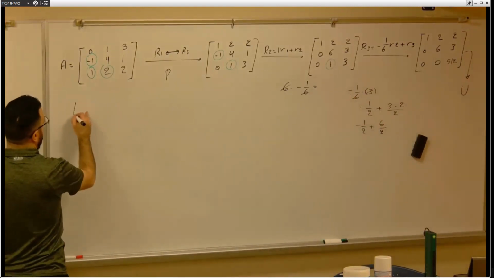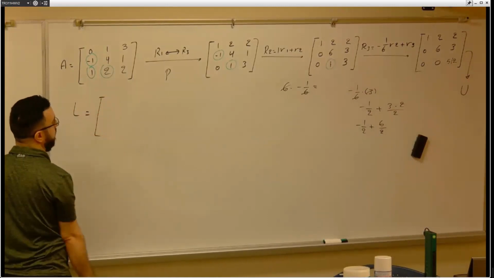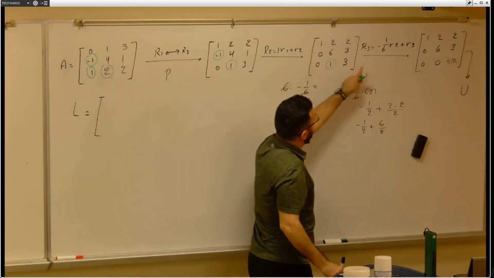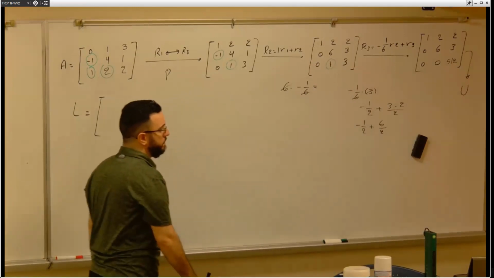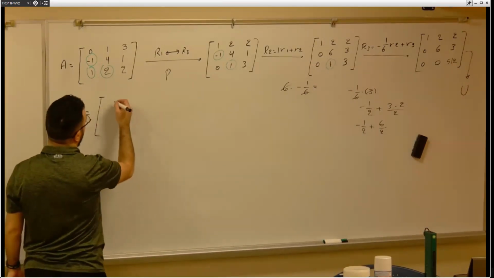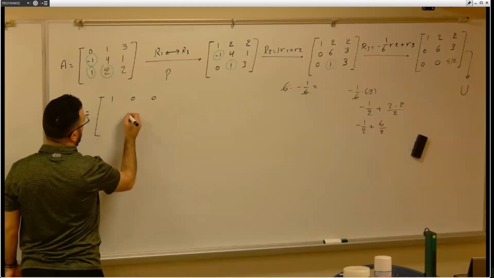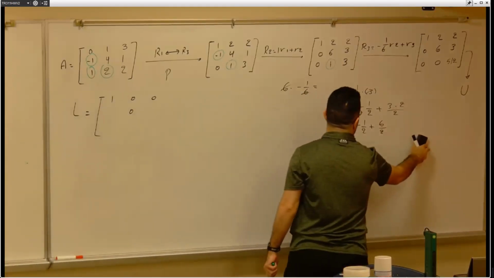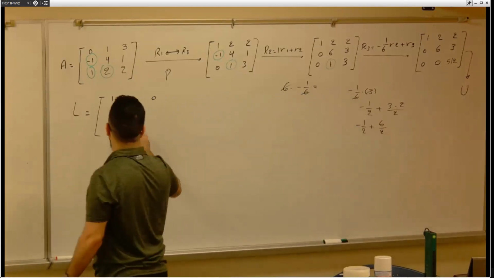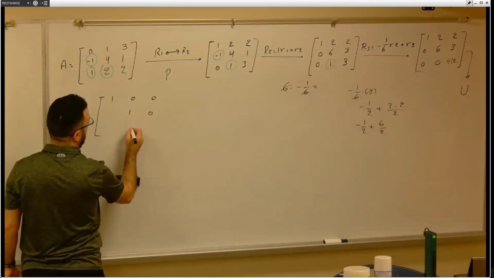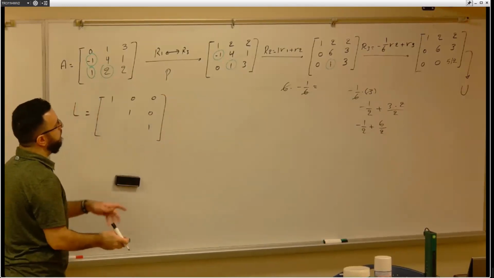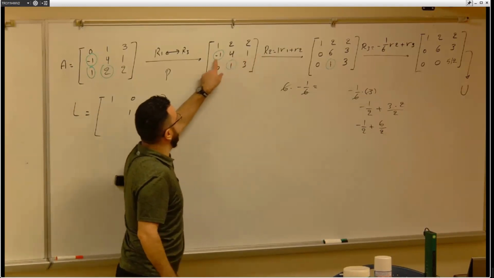Now let's find the L. Be careful. I'm not going to include this one in the L. For the L, only the operations we did. 1, 2, 2 operations we did. So 1, 0, 0; 0, 1; 1, 0, and 1. The first operation, which number here?